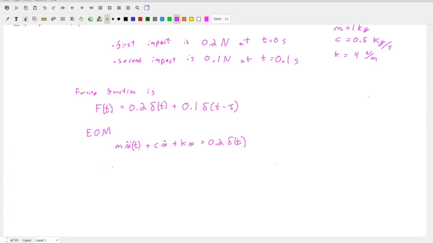We're going to have m times s squared X of s, ignoring my initial conditions, plus c s capital X of s plus k capital X of s is equal to 0.2.